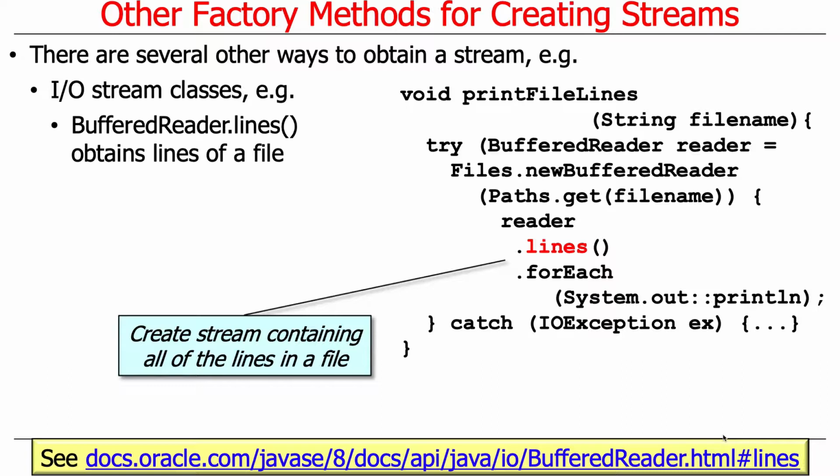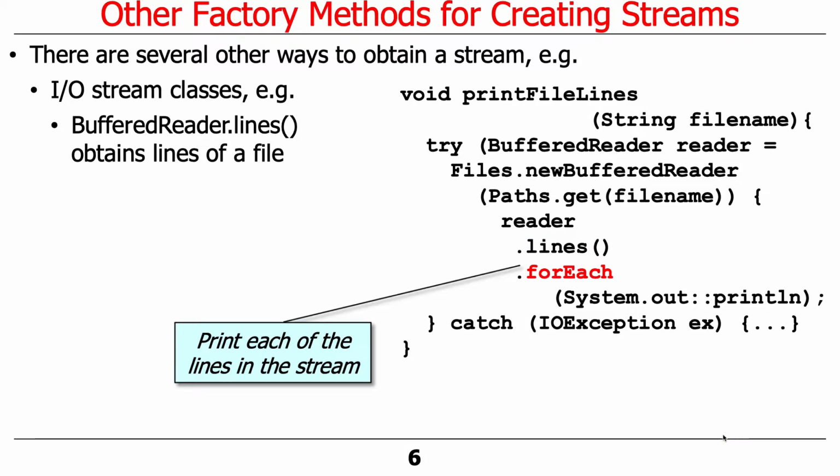And then in the body of the try block, we say reader.lines, and .lines takes the file that was created by newBufferedReader and creates a stream of lines from that file. And then for each of the lines in the file, we're going to print the line out.